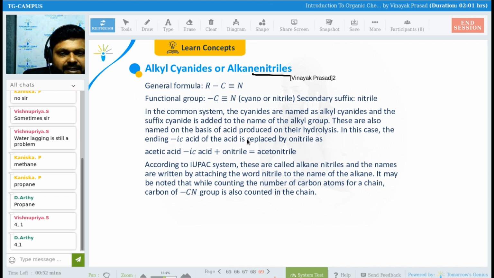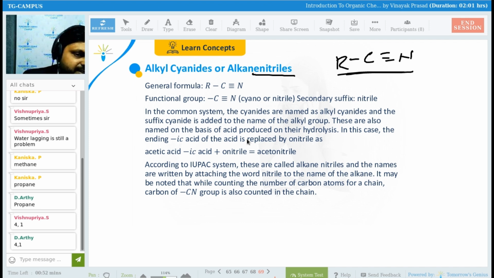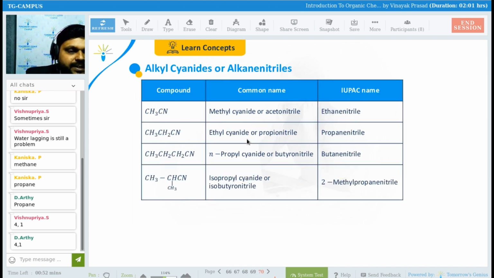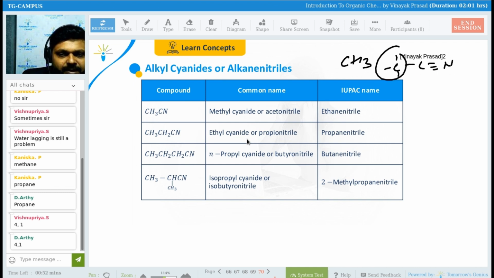Now, we are going to see about alkyl cyanide or alkane nitriles. So C triple bond N will be there, and here R will be there, so it will be called alkane nitriles, or we can say cyanides, right? So what will be the name for this? See here, CH3, right? And we can write like this: C triple bond N. So this carbon is attached by one carbon, right?